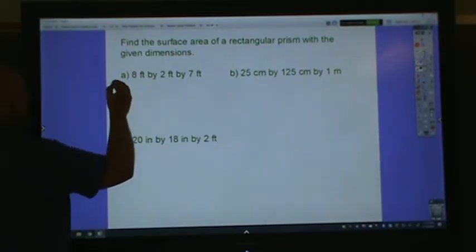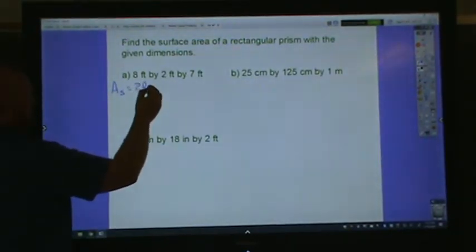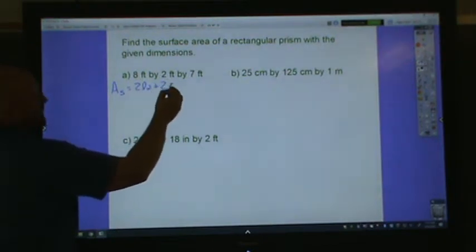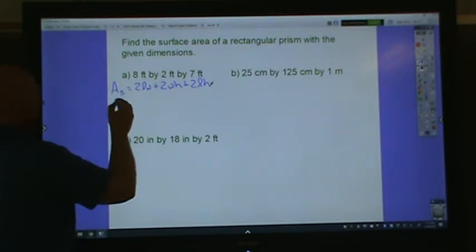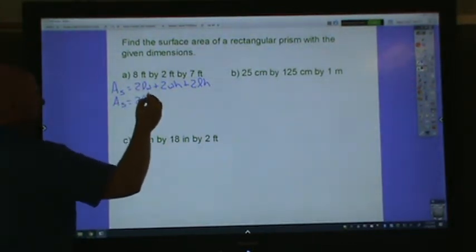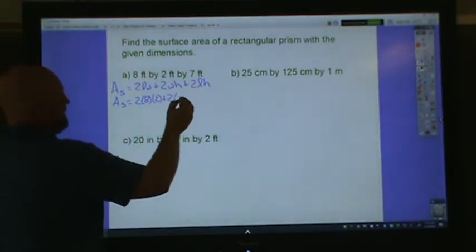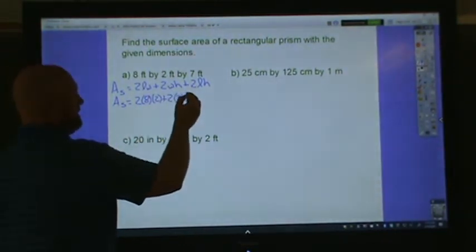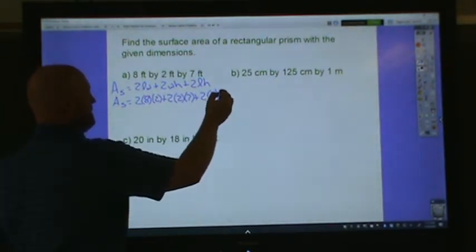So surface area is equal to twice the length times the width, plus twice the width times the height, plus twice the length times the height. So in this problem, surface area is equal to twice 8 times 2, plus twice 2 times 7, plus twice 8 times 7.